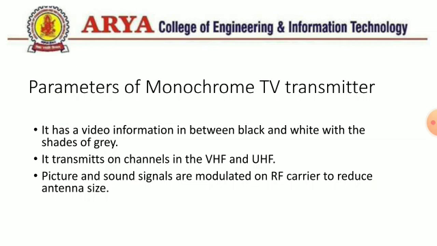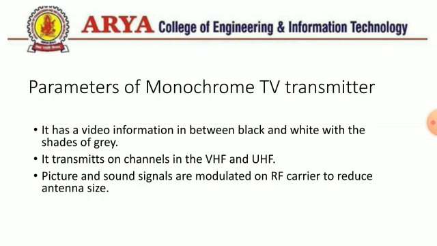Now let us see the basic parameters of the monochrome TV here. It has video information in black and white with shades of gray, and based on brightness we form a picture. It transmits on channels in the VHF and UHF frequencies, so the antenna forwards information in VHF and UHF frequencies.